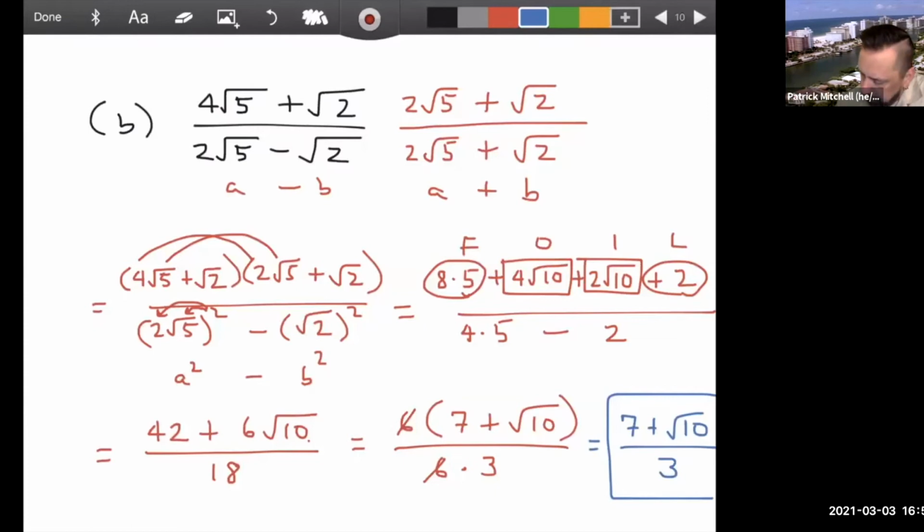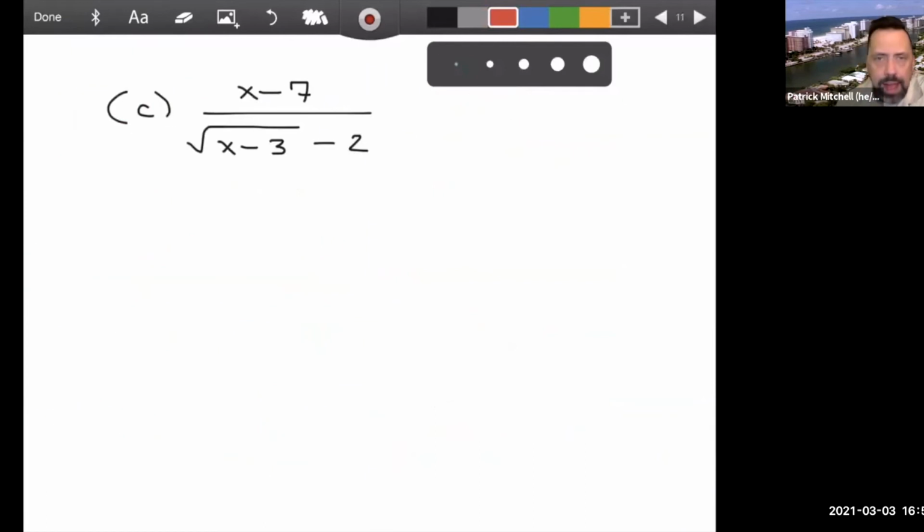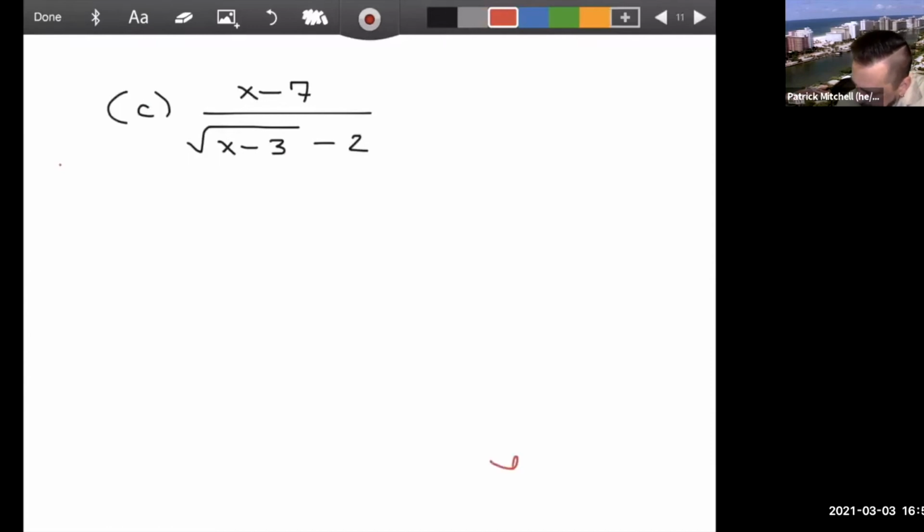All right. And going to the last example. The calculus example. So in calculus, we study something called limits. And what we would be interested in for this problem, notice that this expression is undefined when x equals 7.